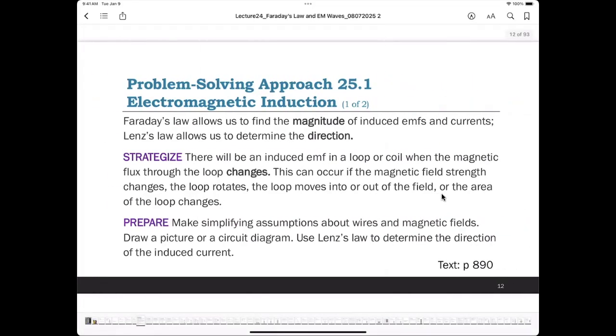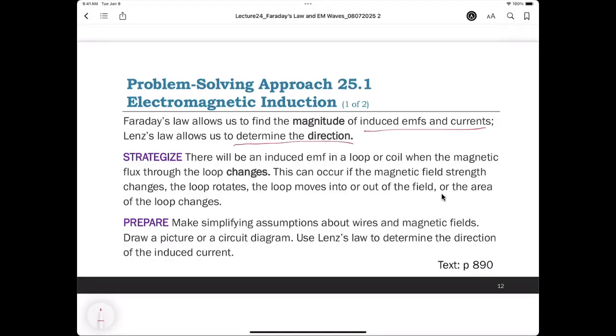Okay, let's talk about how to solve this kind of problem, electromagnetic induction. Faraday's law allows us to find the magnitude of induced EMFs and currents. Lenz's law allows us to determine the direction. We know the induced EMF equals delta flux over delta t, right?